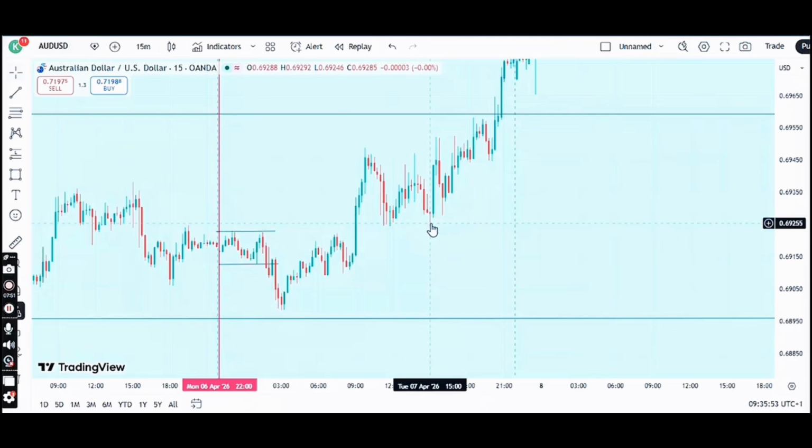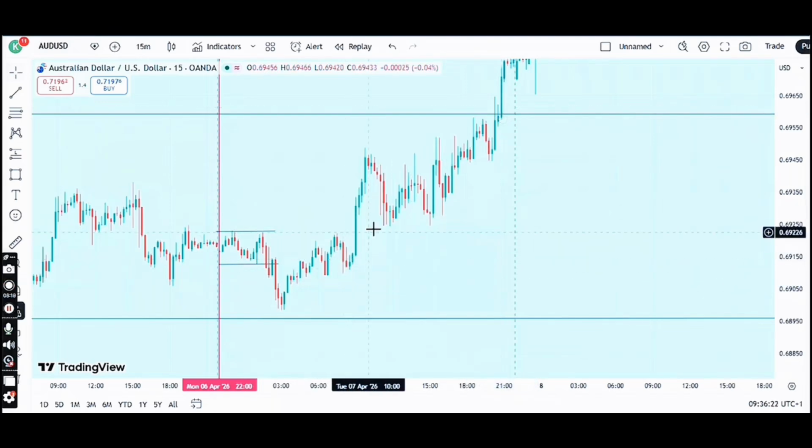When the market returns there after lunch time, around 2 p.m. or getting to maybe 3 o'clock, once you see an opportunity within that range, you enter for the second half of the candle movement for that day.